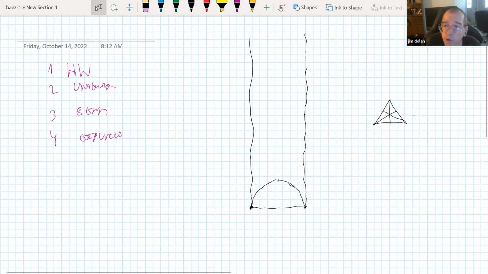But I hope you're getting the point, and you could probably explain it to me much better than I can, that this picture I've drawn of the moduli stack of acute triangles should already remind you of the moduli stack of elliptic curves.